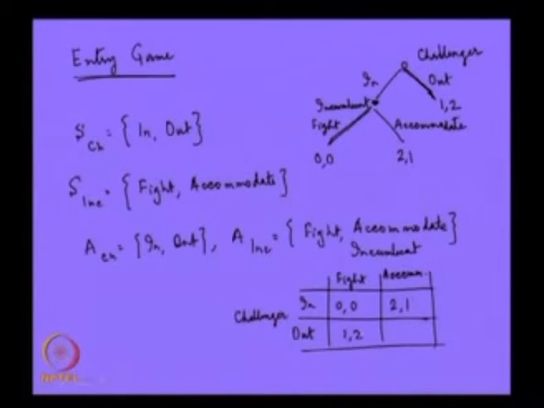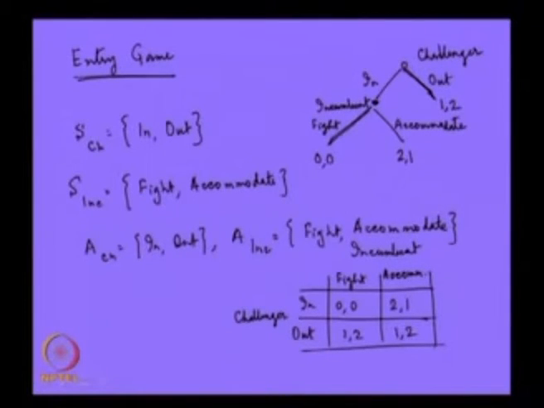Because the challenger is choosing out, the game is ending there. So, this is what is known as the normal form representation of this strategic game, the strategic form that we have derived from the extensive game.